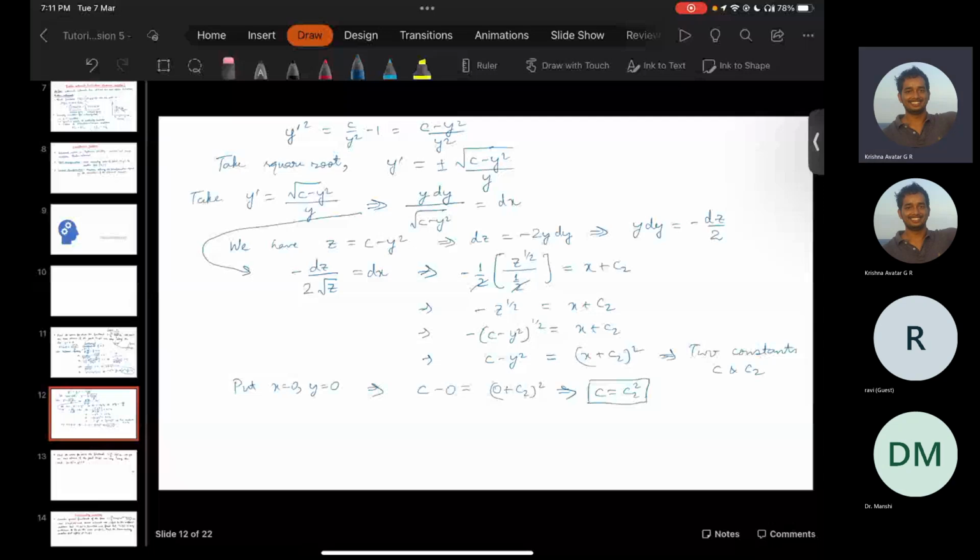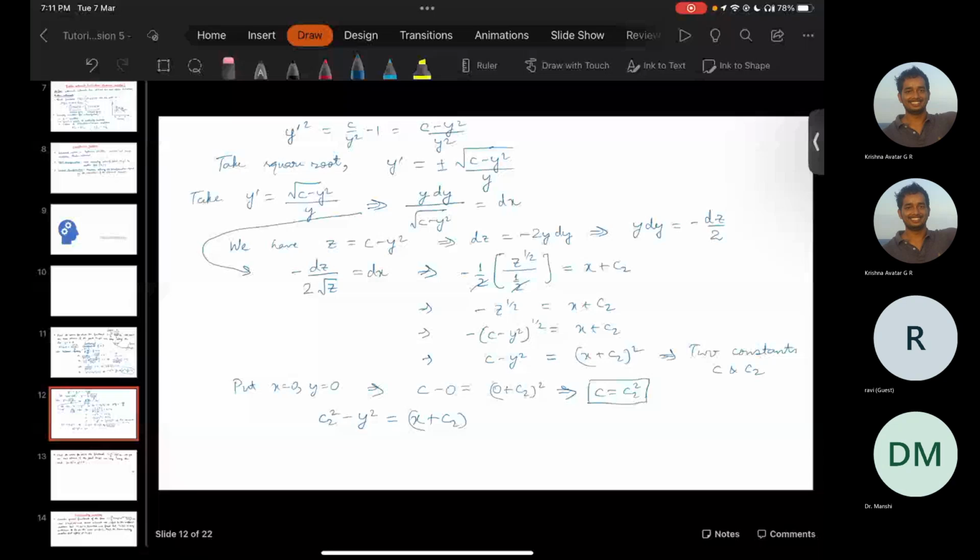And then what I do is, let's expand on both sides. On the right hand side, we'll have x squared plus 2c2x plus c2 squared. And we clearly see that we can cancel our c2 squared from both these sides. So we'll have y squared is equal to minus 2c2x minus x squared.